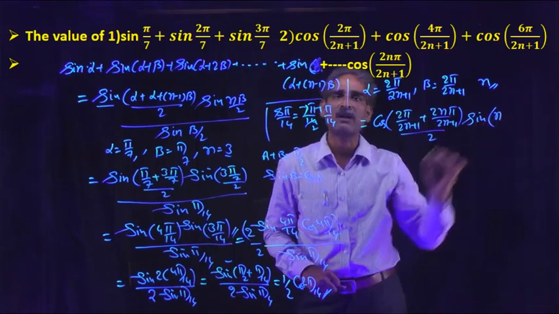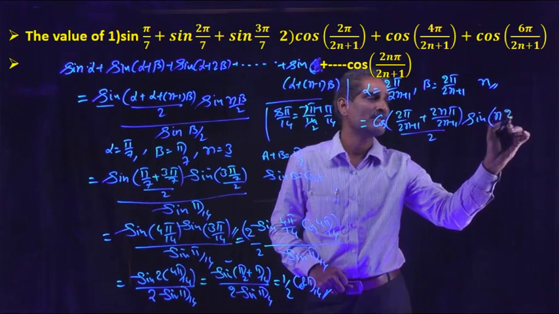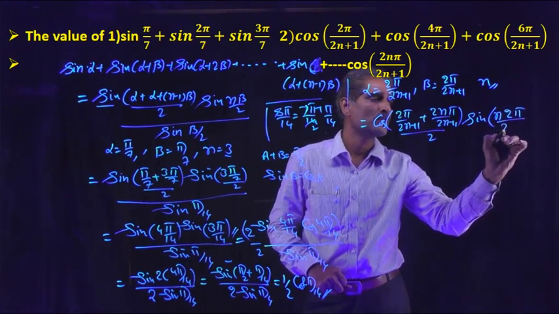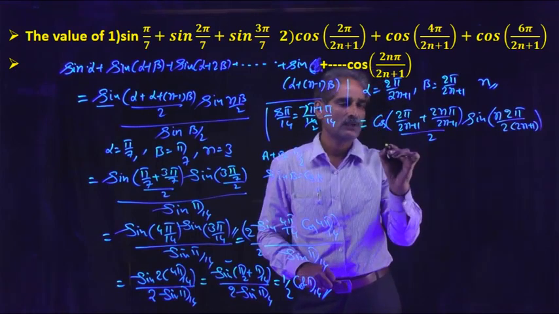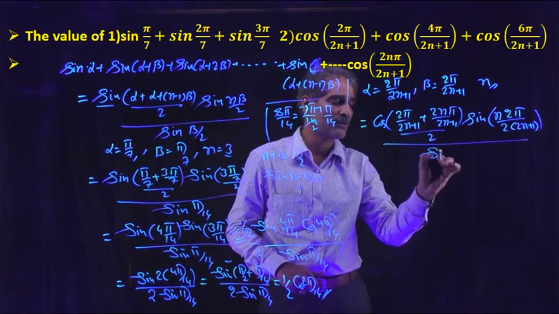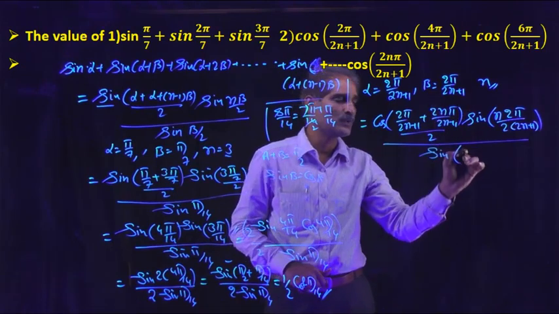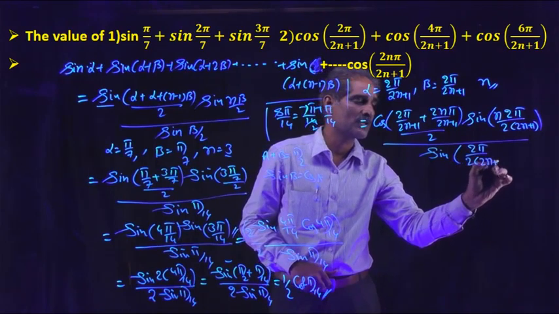That means n number of terms. Here beta is 2 pi by this one, by 2. That means 2 pi by 2 into 2n plus 1. Okay, whole divided by sine beta by 2. Sine of, here beta by 2 is 2 pi by 2 into 2n plus 1.